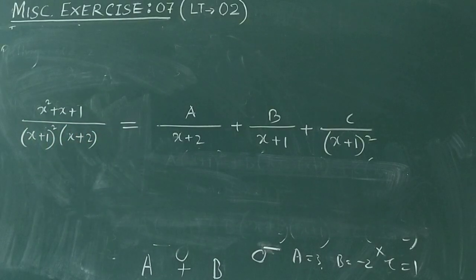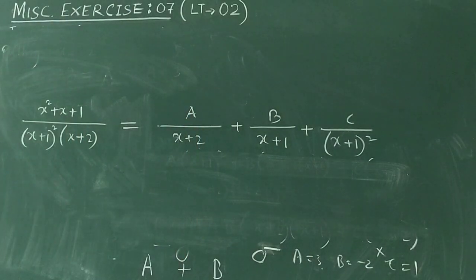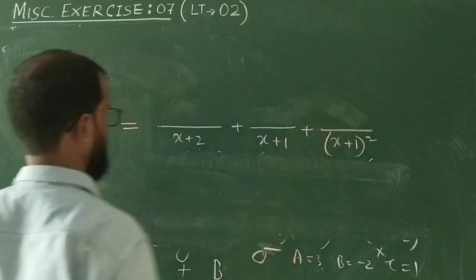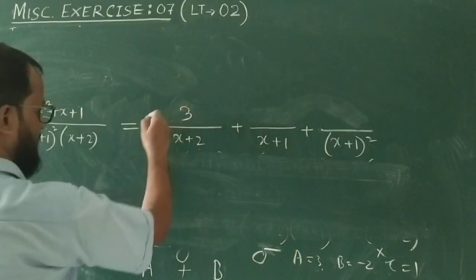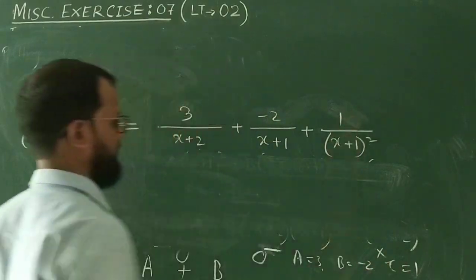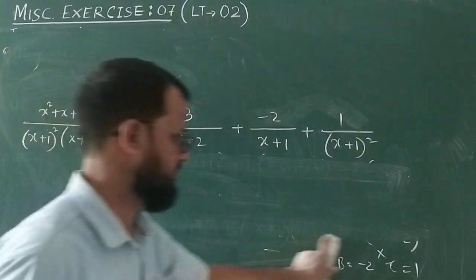This is equal to what? What is A? A equal to 3. So A equal to 3, B equal to minus 2, and C equal to 1. Okay, so your partial fraction is done. So now you are going to do integration.